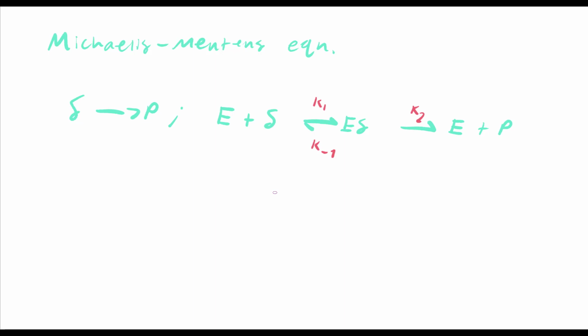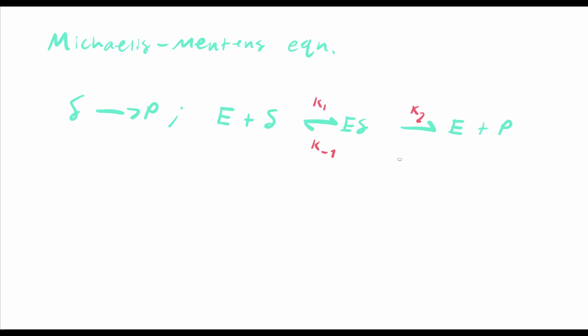Right. Now, this equation makes 2 assumptions, okay? And the assumption is that, so you know how E and S can combine to make ES, right? And they can break down again to make the reactants. Well, notice that I do not have a backward arrow, okay? So this does not exist, okay? No, that's bad. No. Why?